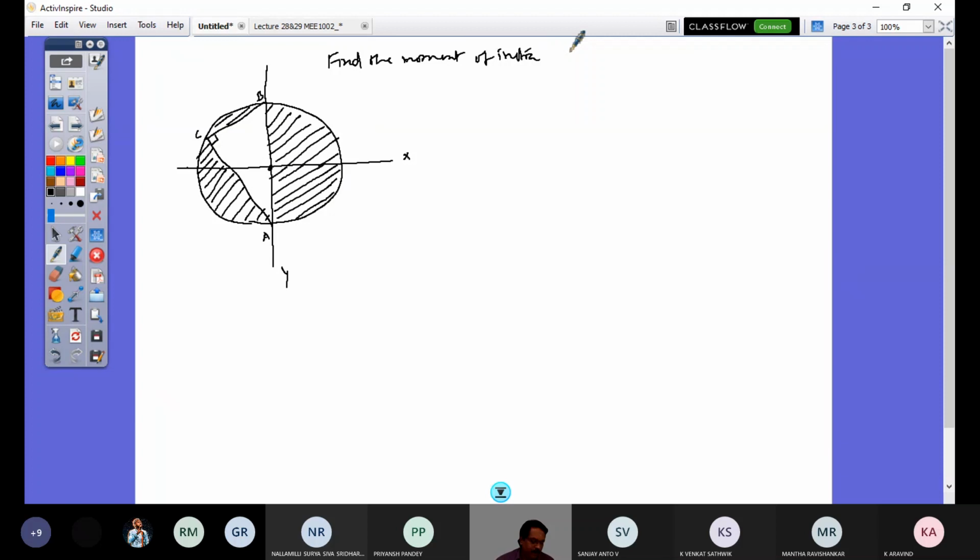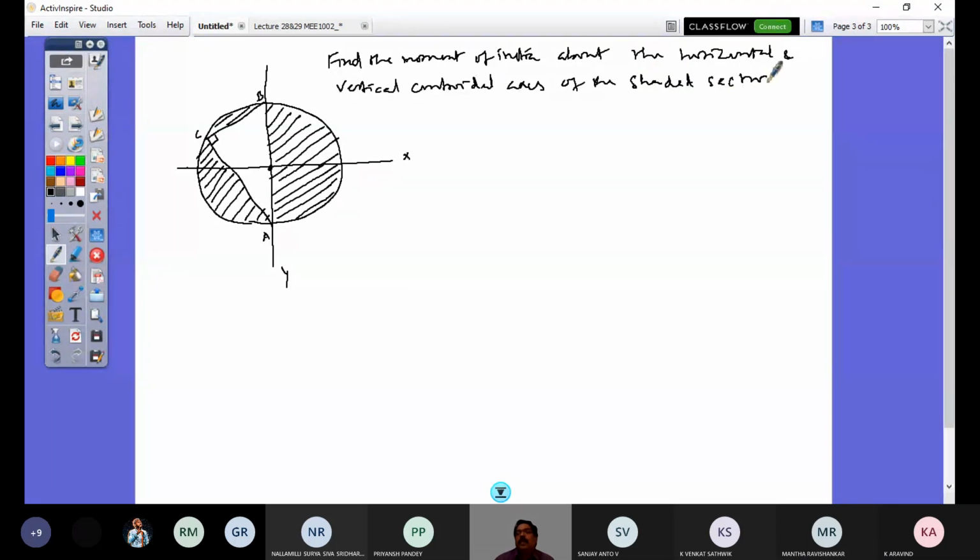Find the moment of inertia about the horizontal and vertical centroidal axis of the shaded area given here, of the shaded section given. Right? So this is the question.